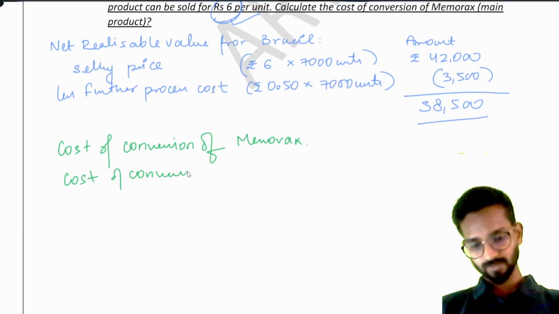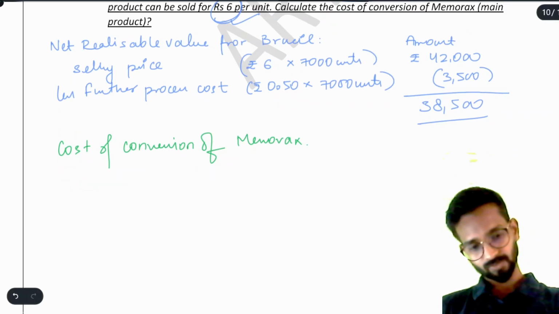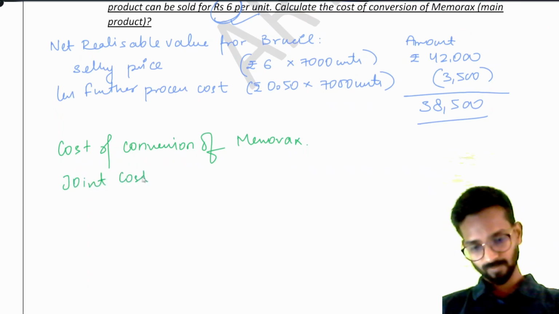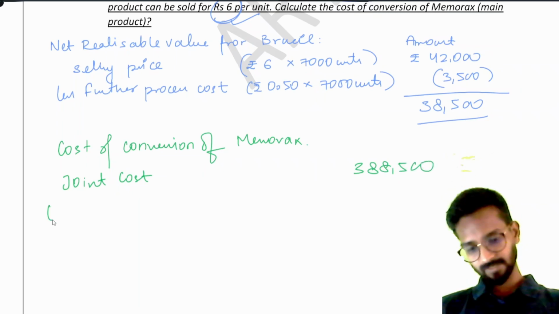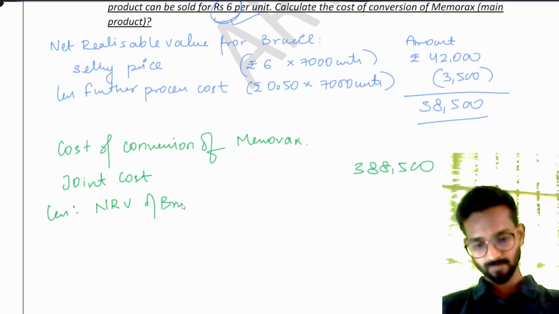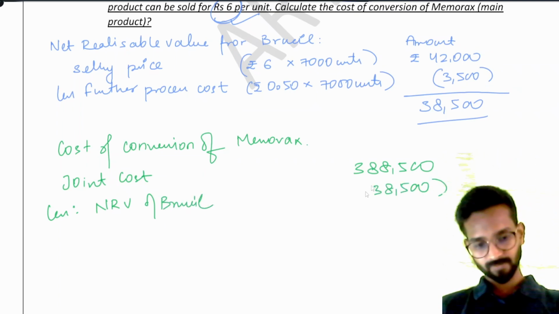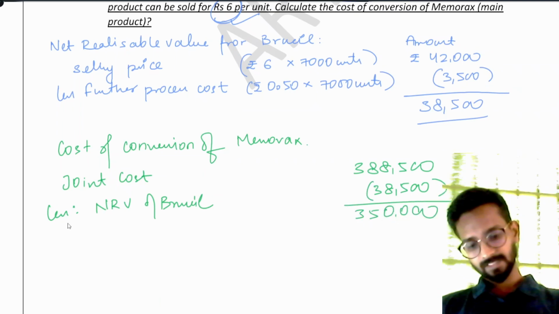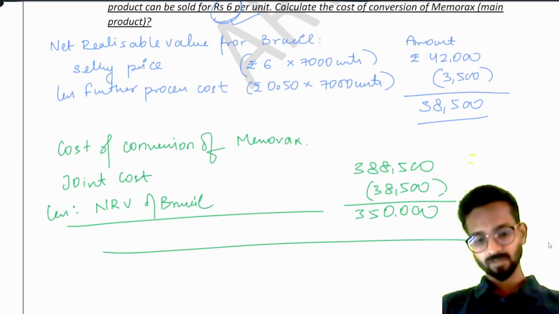The cost of conversion, or you can say joint cost, was 3,88,500 less the net realizable value of Brucil, 38,500. It will be 3,50,000. This is your cost of conversion for Memorex.